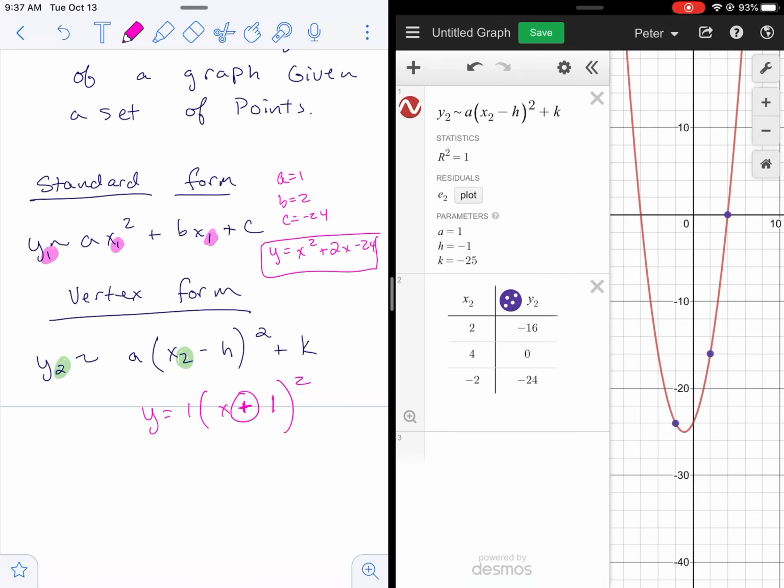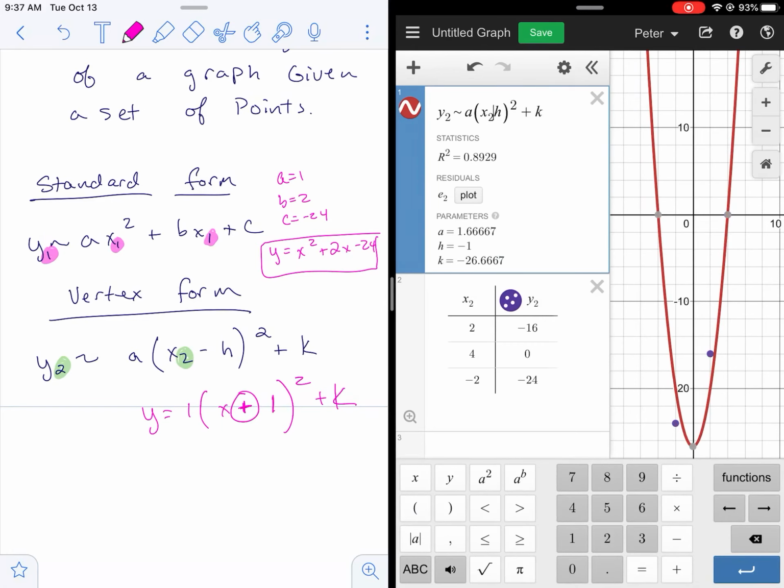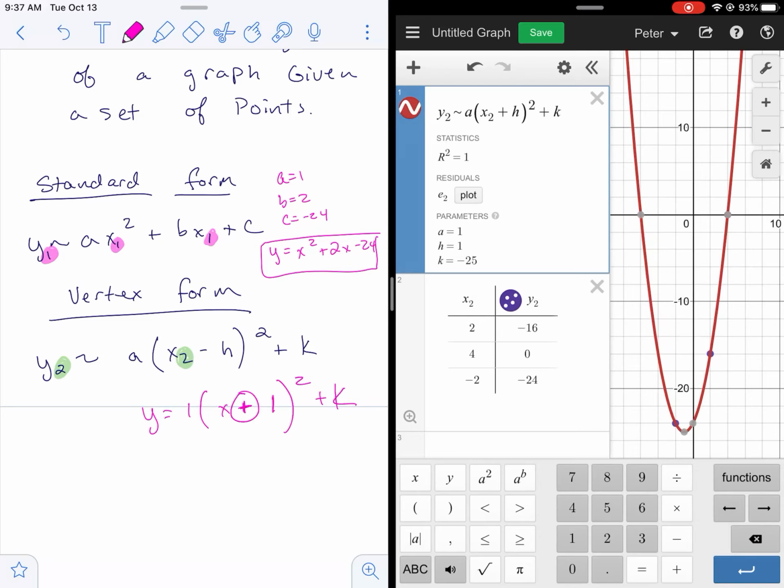Squared plus K. Let's make it plus H. Then you don't have to flip the sign. Oh, and it's not plus K. It's minus 25.